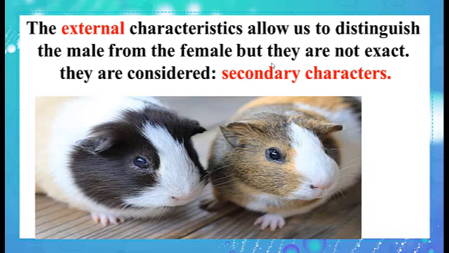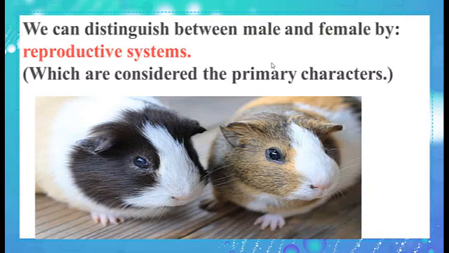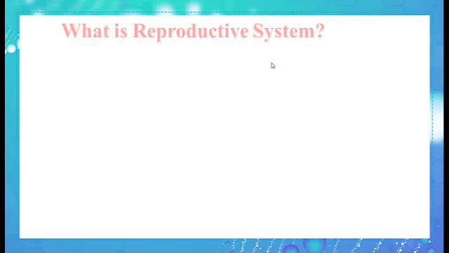So, if these external characteristics are secondary characteristics, we do have primary characteristics. How can we definitely distinguish between a male and a female? We can distinguish between male and female by reproductive systems, which are considered the primary characteristics.